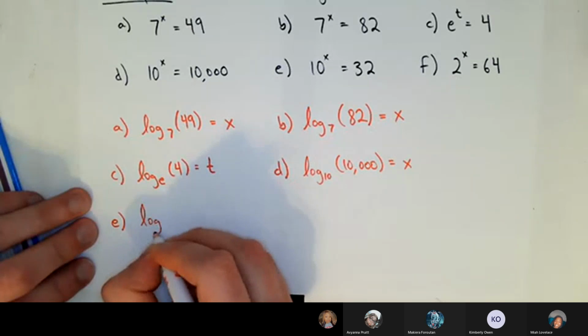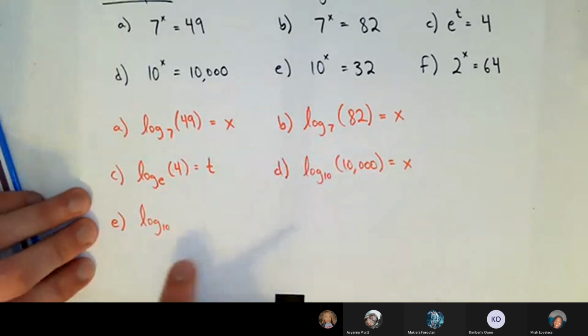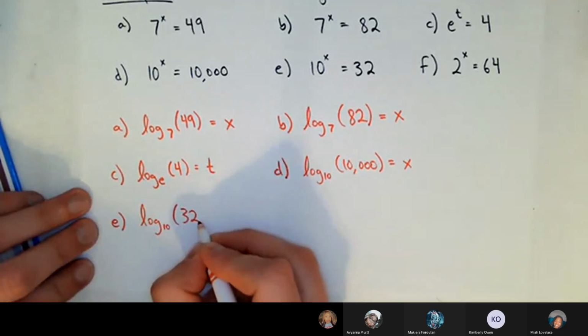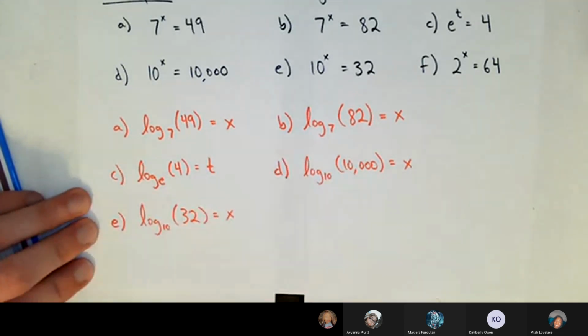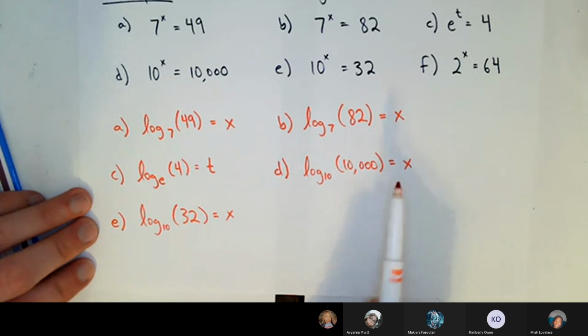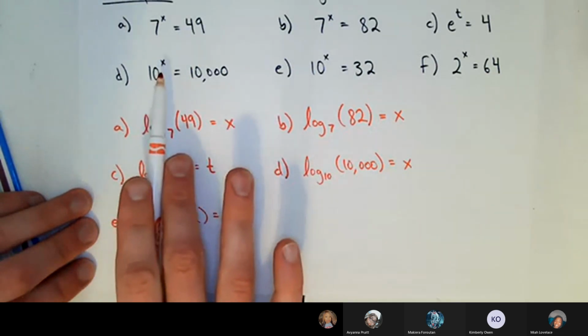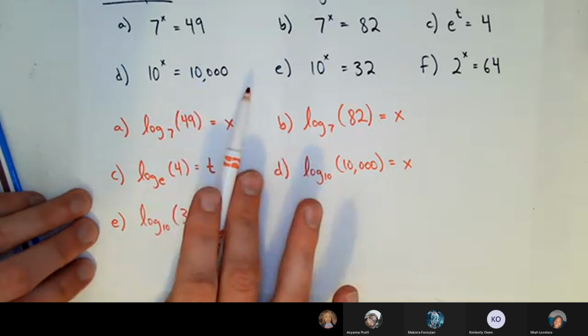Part E is another log base 10. We'll see later that log base 10 has a special name too. Log base 10 of 32 is equal to x. So again, looking at the difference from D to E, part D you could solve for without using a logarithm. You could think about what you need to raise 10 to in order to get 10,000.